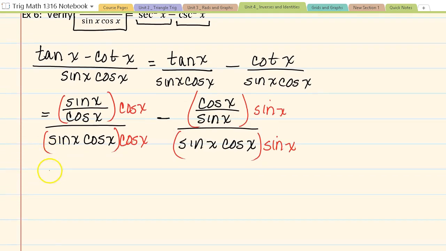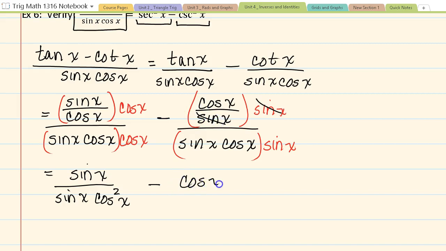Doing our multiplication, we're going to find that I get sine of x at the top, and at the bottom I get sine of x cosine squared of x. For the second fraction, my sines cancel and I end up with cosine of x. And at the bottom I end up with sine squared of x times cosine of x. Now I did that so that we can see that I can factor out stuff.